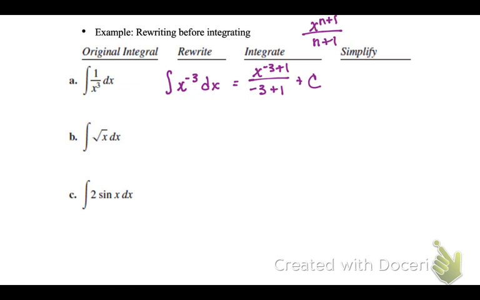So x to the negative 3 plus 1 is x to the what? X to the negative 2 over negative 2 plus c. So once I have a negative exponent, it needs to go where? Okay, so negative 1 over 2x squared plus c.